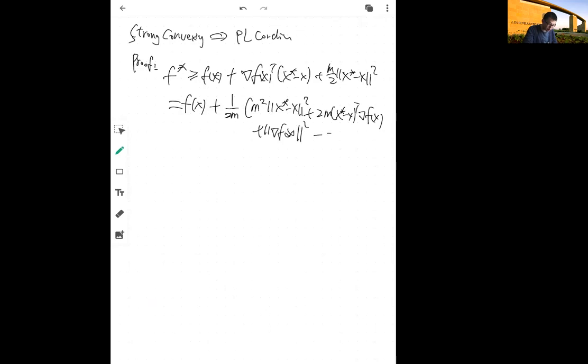We can subtract the squared norm of the gradient of f of x. Okay, so after doing that, we get 1 over 2m, and then we can complete the square by constructing this m times (x star minus x) plus the gradient of f of x, minus the gradient term over 2m.